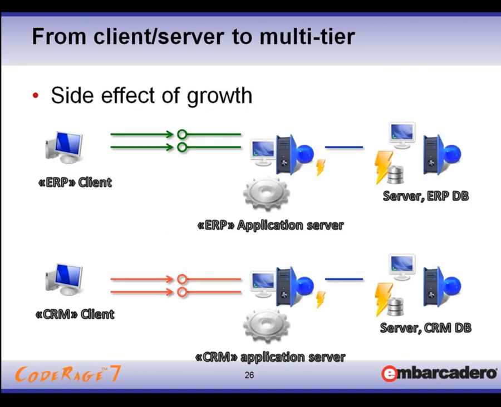The situation with interaction between ERP and CRM was successfully resolved after both teams had left client-server architecture and moved to 3-tier. The databases are not accessed by thin clients. They call only server methods.